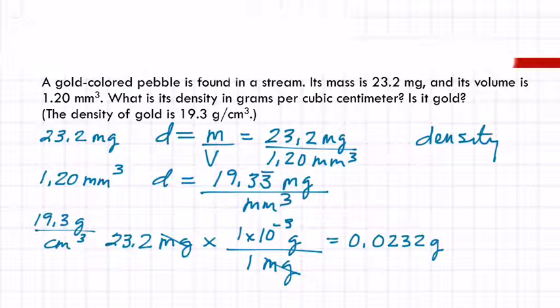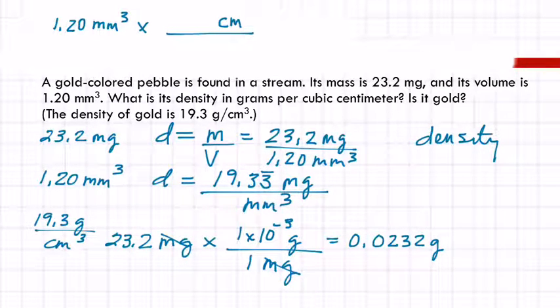We need to convert the volume. I've got 1.20 cubic millimeters. I need that to be cubic centimeters. I'm going to pretend the 3 isn't there at first. Both of these have prefixes. We need to be careful and think about this a little bit more. So cubic millimeters, we're trying to get to cubic centimeters.